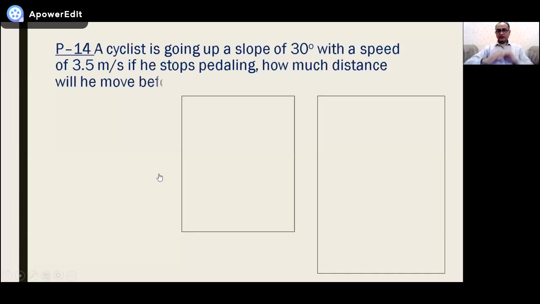What is the speed of the cyclist? 3.5 meters per second. Now what did he do? He stopped pedaling at once. The cyclist is going up the slope with a certain speed, and then he stopped pedaling. What will happen? Obviously, the cycle will stop after covering some distance.